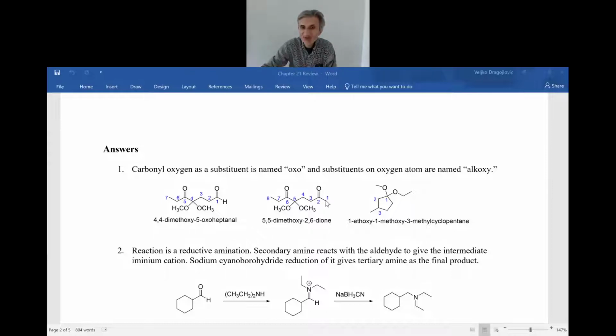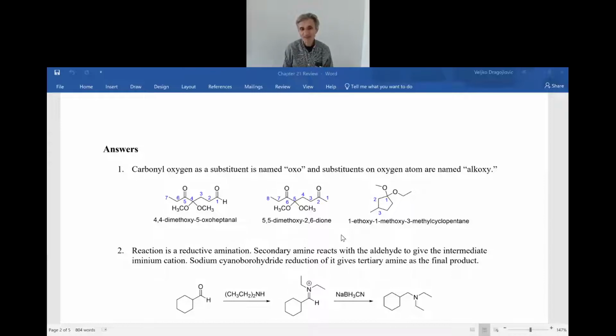Next compound is actually a diketone, very similar to this one. In fact, the only difference, if you look carefully, is this carbon 1. Because now that's a carbon. In this compound, it was actually a hydrogen. So now we have a diketone. When we have two carbonyl groups on a chain, then that's dione. It's named as dione, diketone or dione.